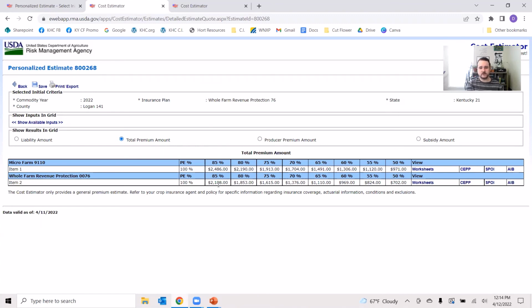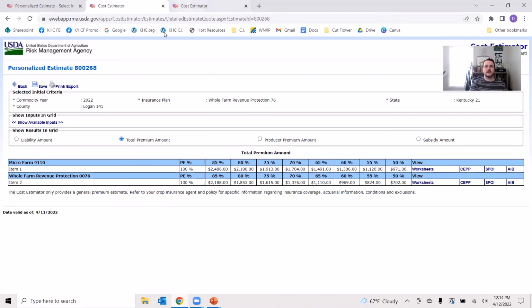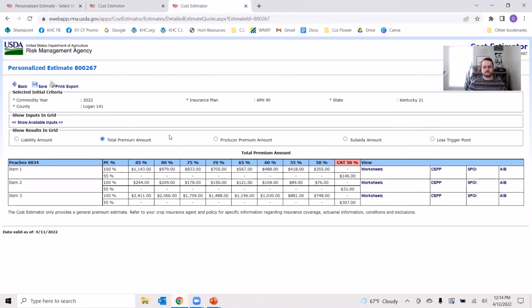So for 85% whole farm is $2,188 for the premium total. For the peaches, 85% total premium is $1,100. So it's almost half of the cost for three commodities versus the one.